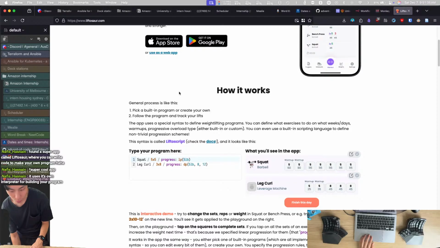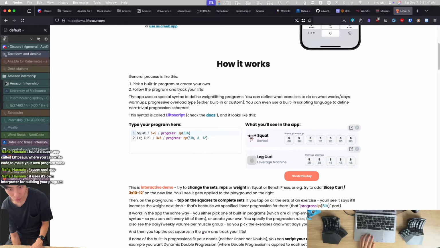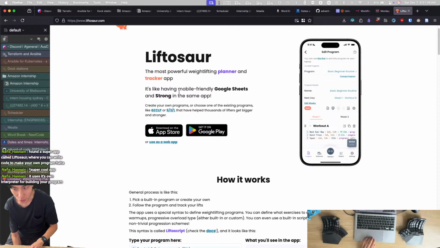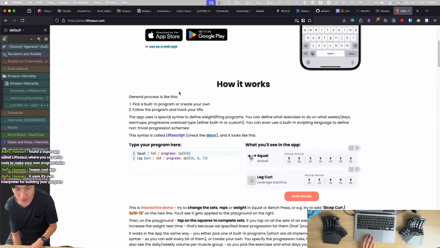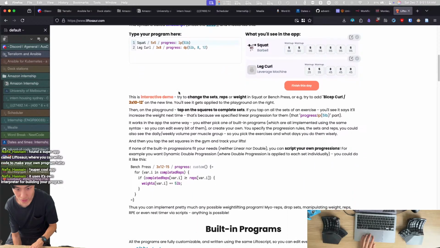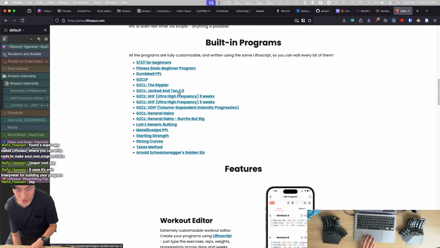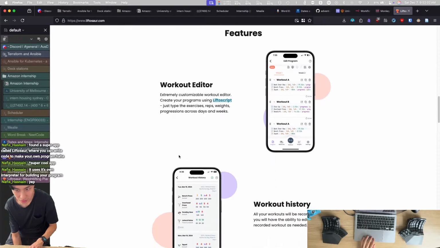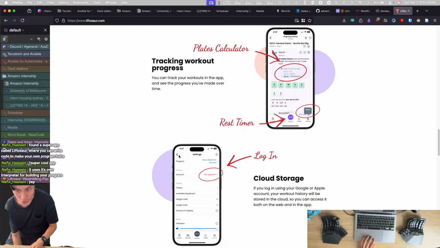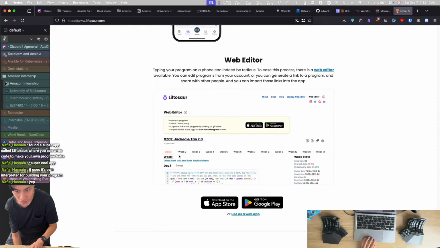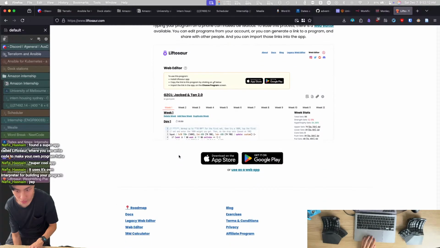Oh, a program as in your actual fitness program. Okay, I understand. Okay, this is not bad. I will use this. I think this looks pretty good. A web editor exists.